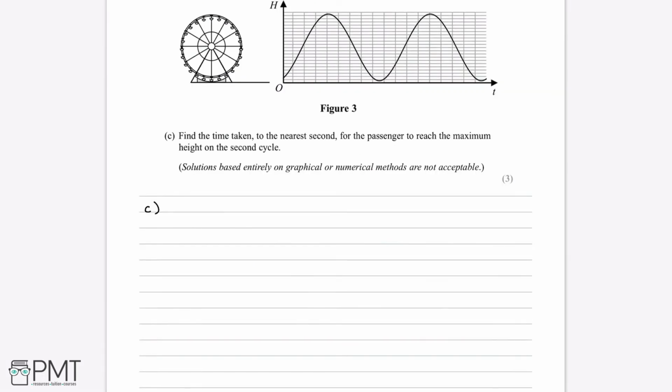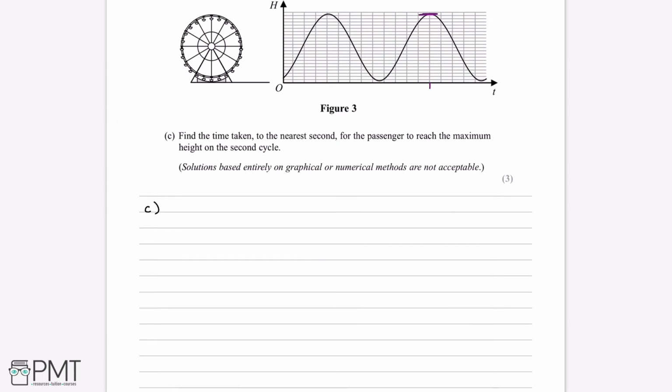So part C is now asking us to find the time taken, to the nearest second, for the passenger to reach the maximum height on the second cycle. So on the second cycle, the maximum height would be this one here. So we want to find what this time is here.